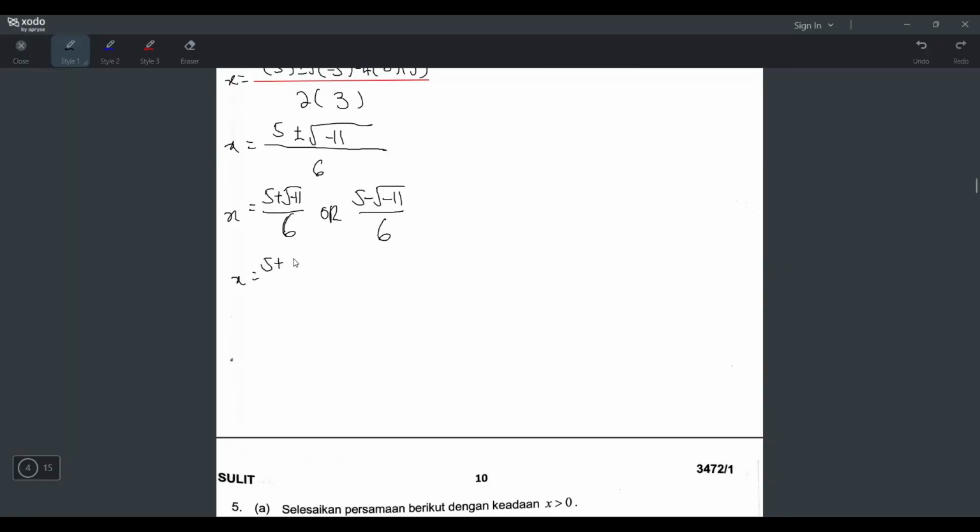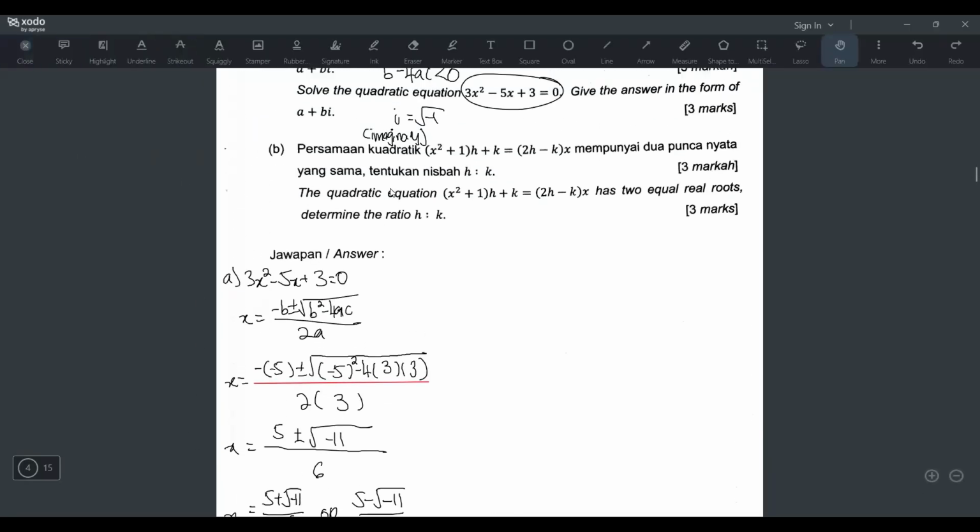The square root of a negative really can't be done. When you press the calculator, sometimes it will give you a math error. One of the famous cases is when you divide by 0. Another is when you take the square root of a negative number. That will give you a math error also. That's why when the inside of the square root is negative, it's straight away no answer. No roots. We call this no roots. But we can write it using i, because i actually represents the square root of negative 1.